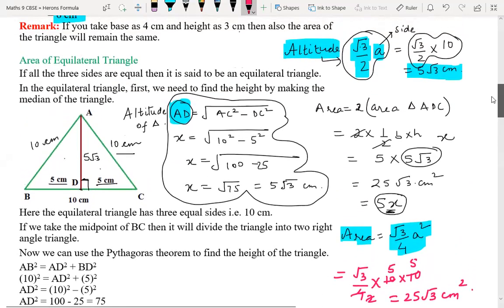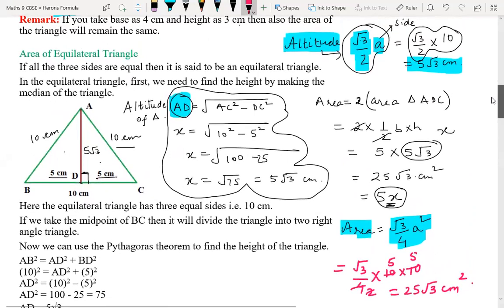Sir, here we got root 75 and he has written 5 root 3. Root 75 and 5 root 3 both are the same only, no?